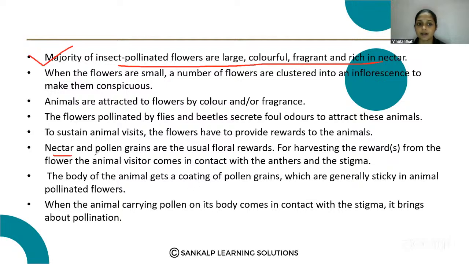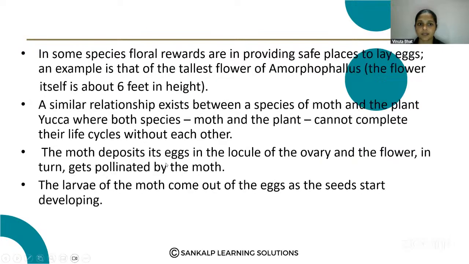Nectar and pollen grains are the usual reward for the insects. The insects are attracted by nectar, and they eat some pollen grains also. Some animals also perform pollination.